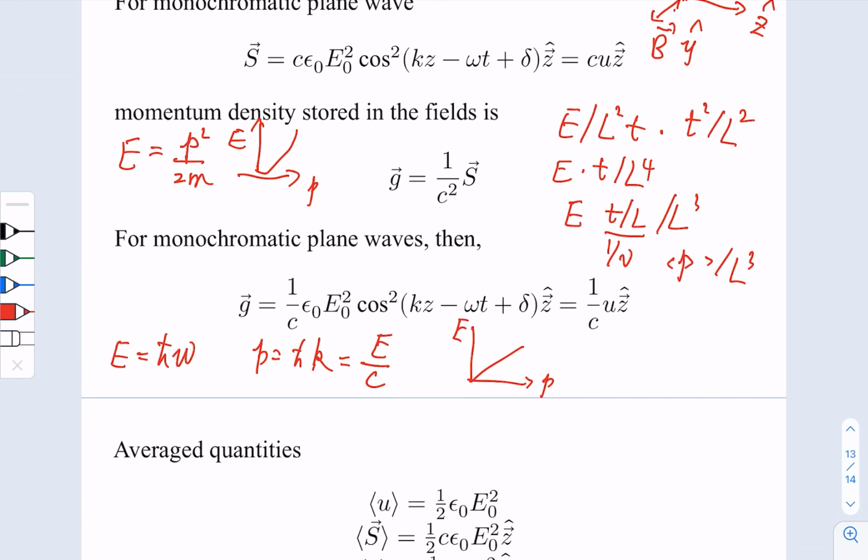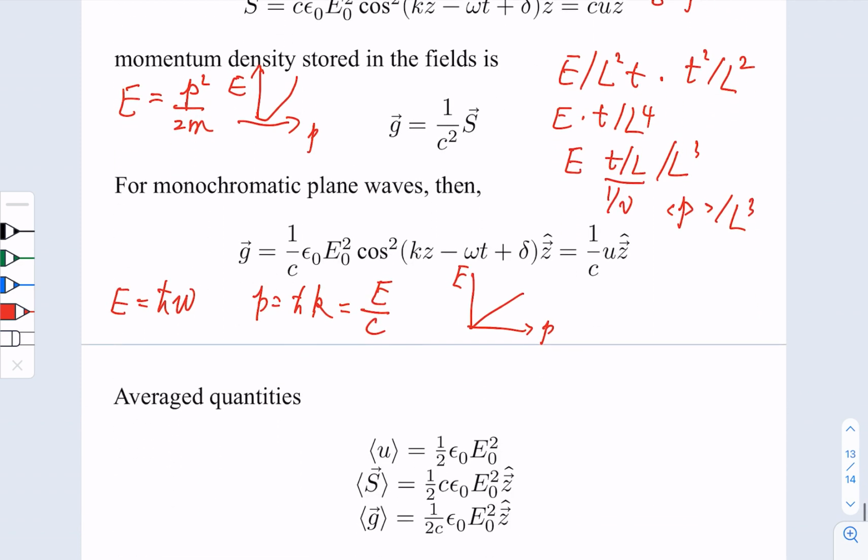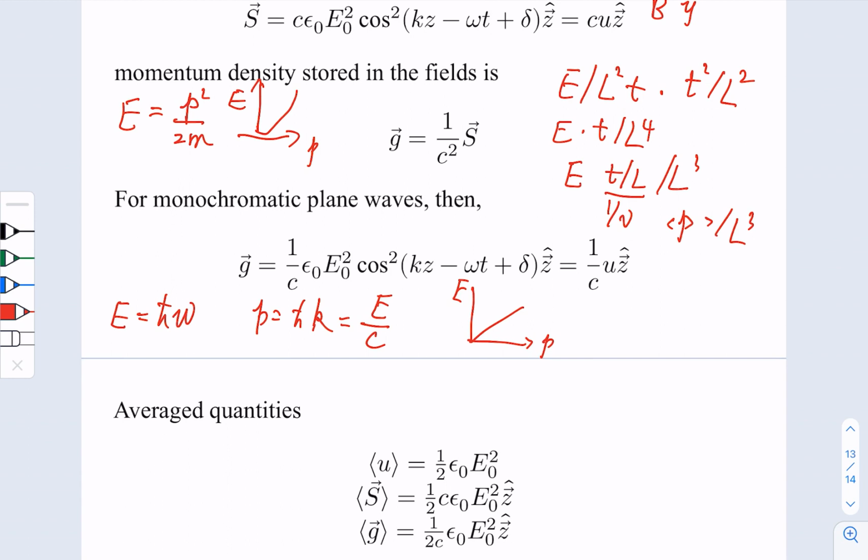Now, previously what we discussed was the instantaneous momentum density, instantaneous Poynting vector, and energy density. But because light typically has a fast oscillating frequency, we are sometimes more interested in the average energy, the average Poynting vector, and the average momentum density.